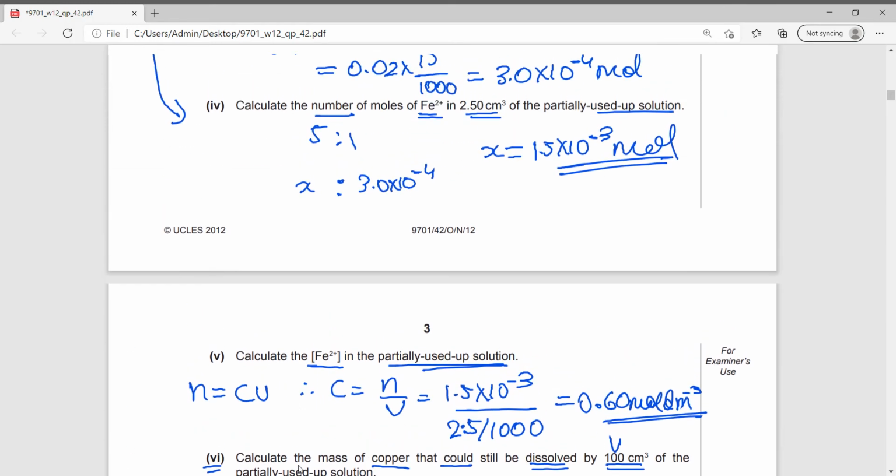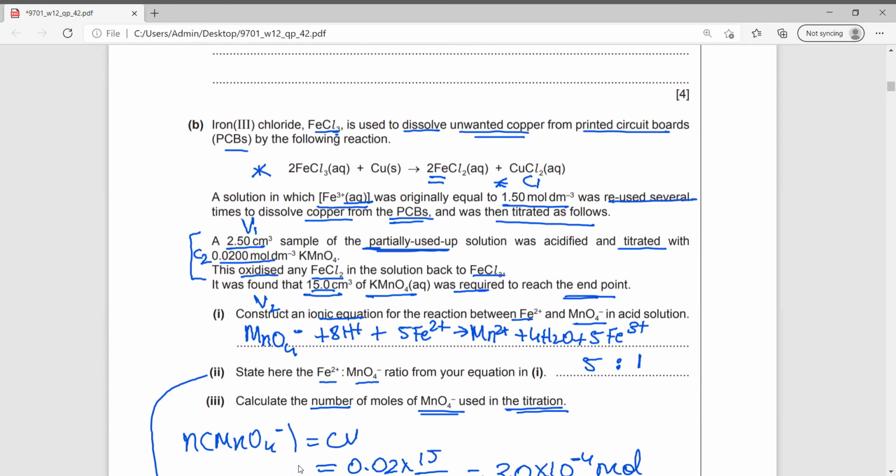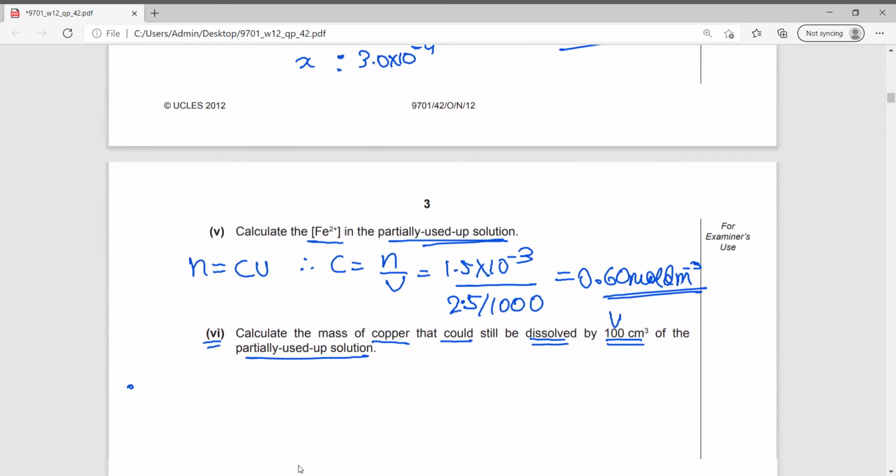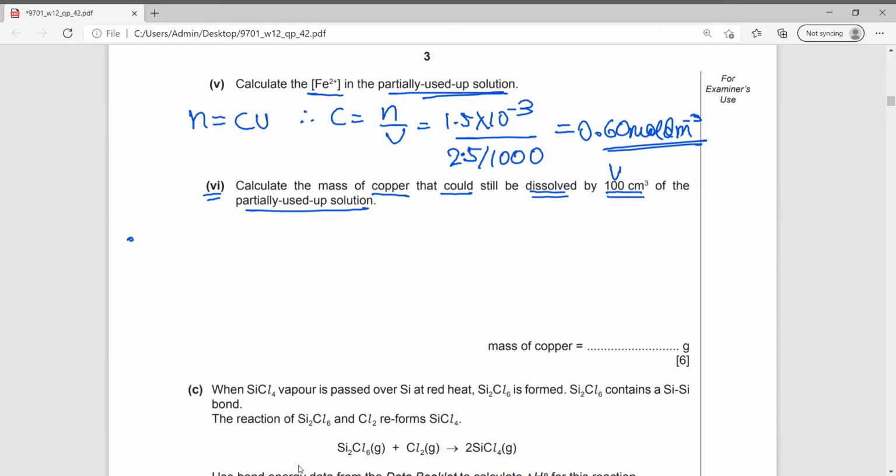So from the original solution that's used to dissolve copper from PCB, which is 1.5 mol per dm3, 0.6 mol per dm3 of that solution was used up. That means the iron 3+ was turned into 2+.